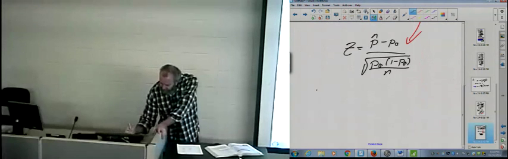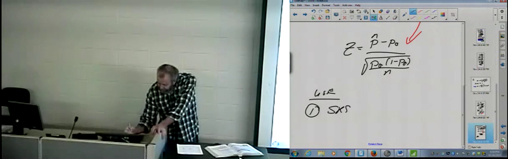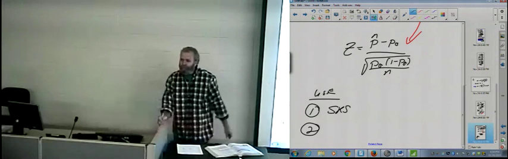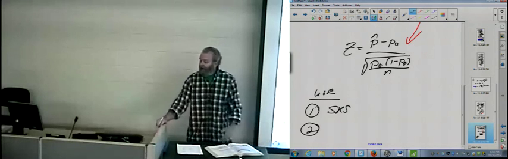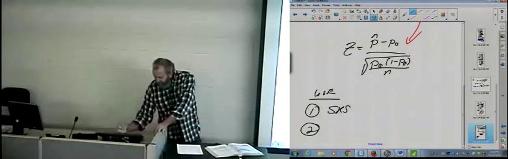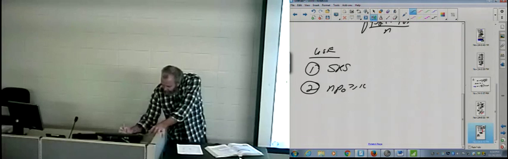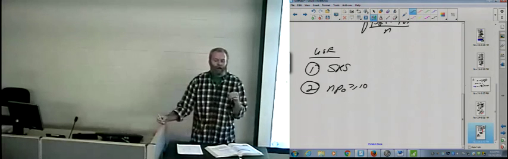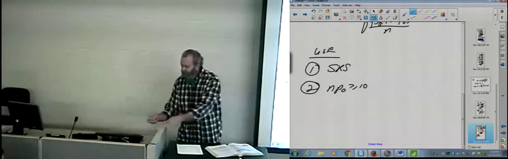when am I allowed to use this test? Anybody know what number 1 is? It's always a simple random sample. Now, number 2 is sample size. A little different this time. N times p naught. Remember, that's the value that shows up in the null. That's the value that we're claiming to be true about the population proportion.